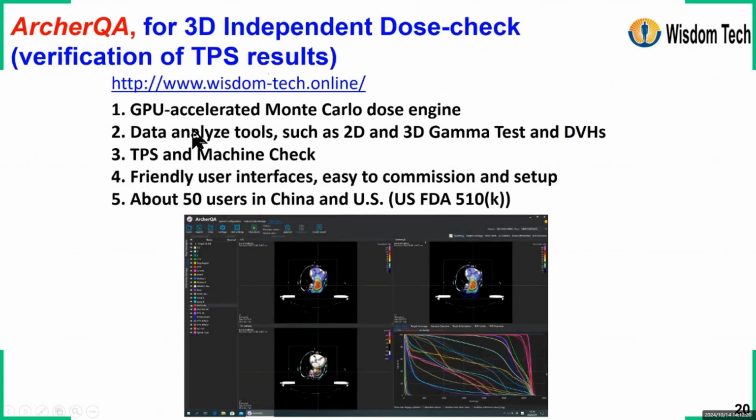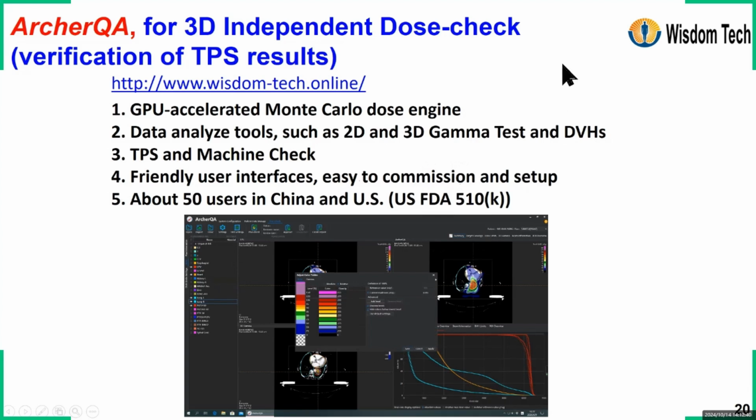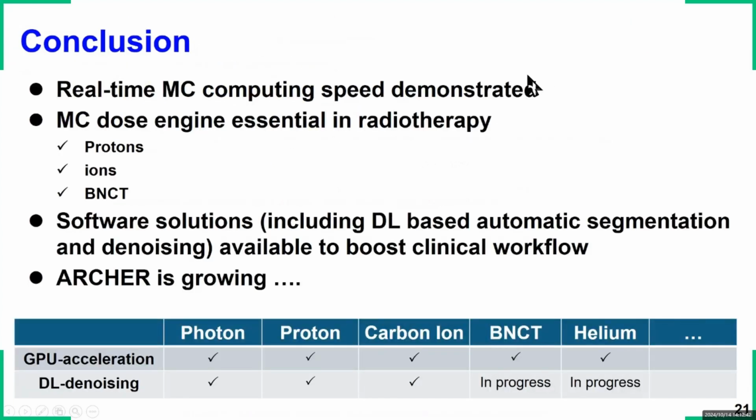To this end, we have worked with recent technologies to develop a commercial software, which has recently received US FDA pre-market approval. And this is the interface of this software. This is the last slide of my presentation. I would like to conclude by saying that real-time Monte Carlo computing has been demonstrated by us and also by other groups.